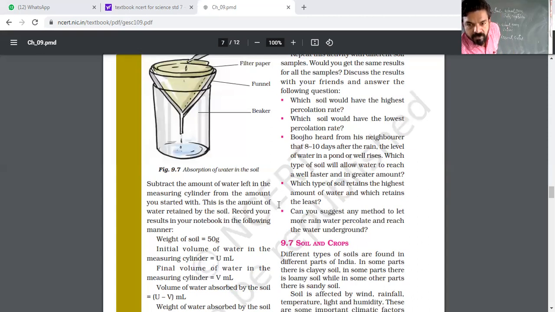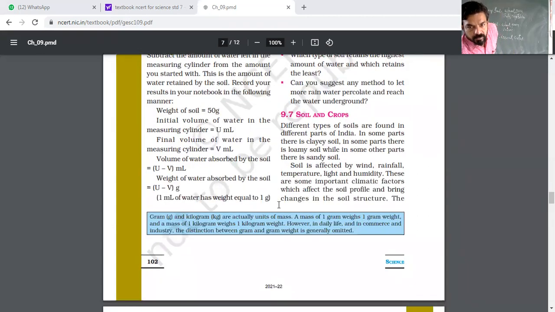Okay. So what will be the water absorbed by the soil? You will find the water which is absorbed by the soil, it is U minus V. 1 ml of water has a weight equal to 1 gram.